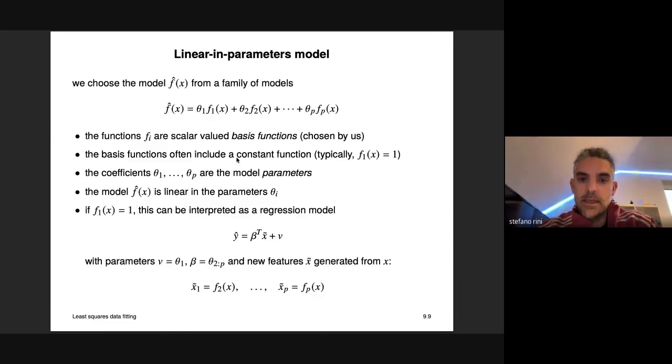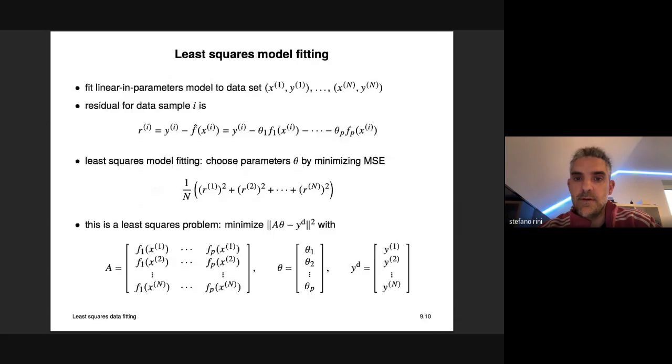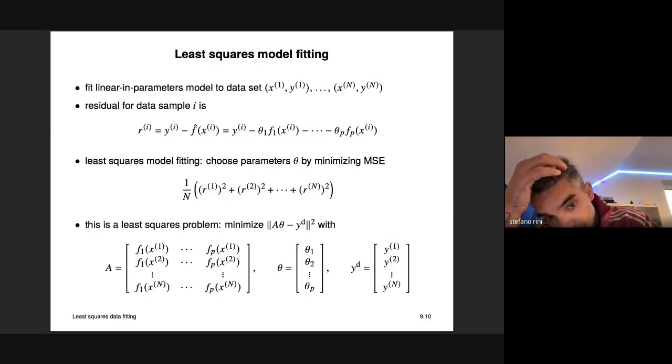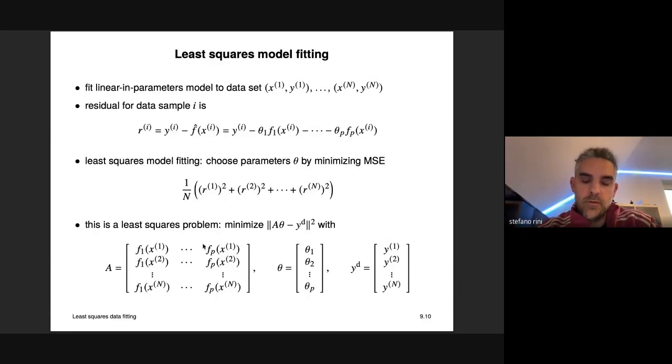But of course, we can have a more general formulation in which these f's are chosen more freely, and they are chosen to be basis functions, so they are orthogonal. So when we have this formulation, we have a linear in parameter model to the data, and the residuals are determined in this way, and then the thetas are again determined by minimizing the MSE, and then the least squares problem is formulated in this way.